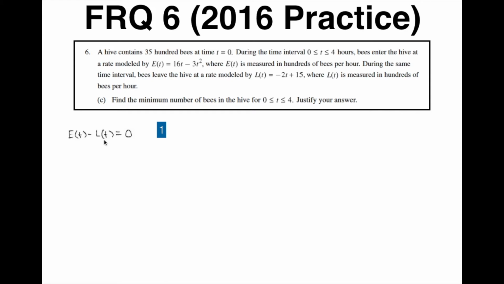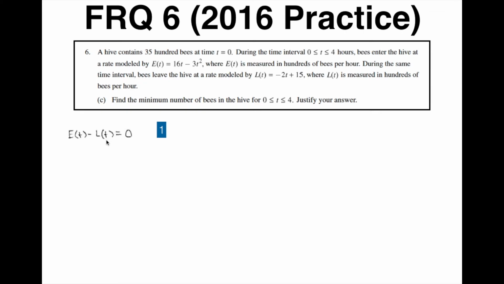So if L of t was greater than E of t, it would not be the minimum. And likewise, if L of t was smaller than E of t, it would mean that more bees are entering than bees that are leaving, and that means we probably passed the minimum. The number is going up, so the minimum was earlier. So if we look for the minimum, we want a balance between E and L. We want E of t equals L of t.